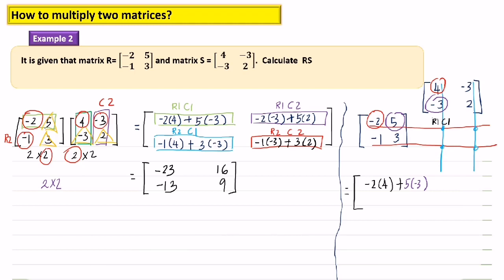So at the same row and second column, I have negative 2 times negative 3 plus 5 times 2.